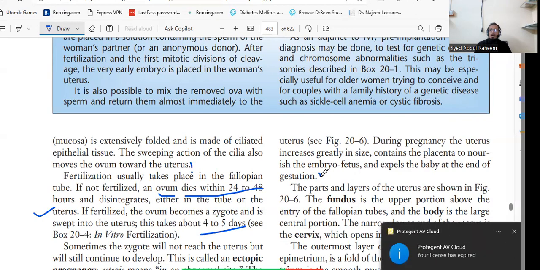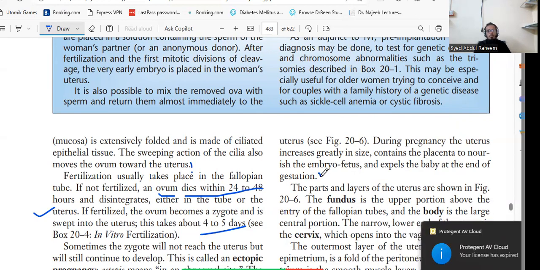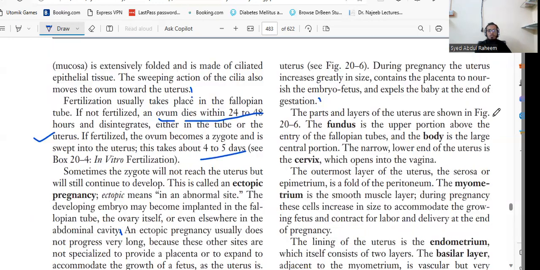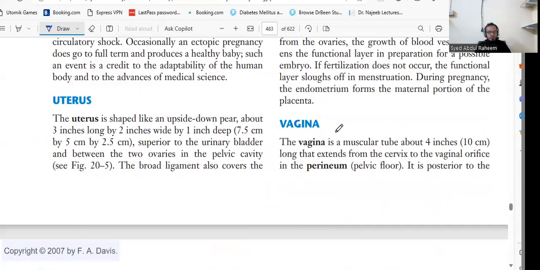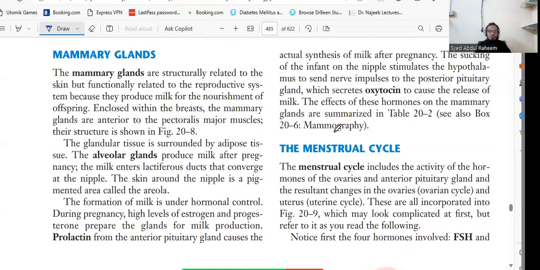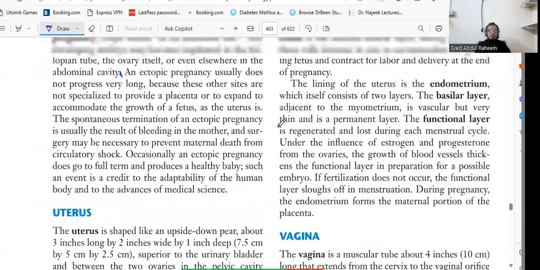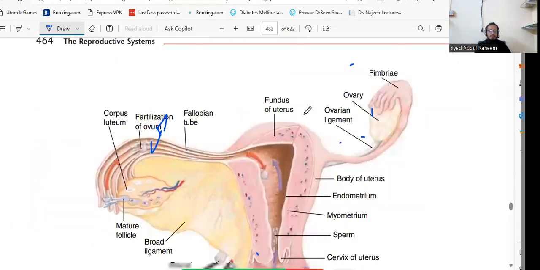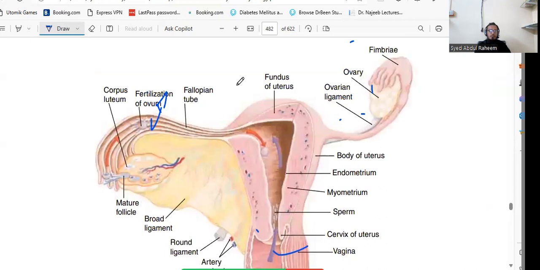So basically, at the end of the delivery, the placenta is utilized, and after that, the uterus expels the baby out. The parts and the layers of the uterus are shown. The fundus, so you can see here, this is the uterus.